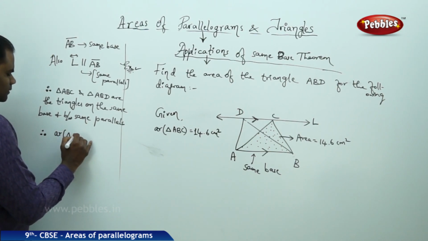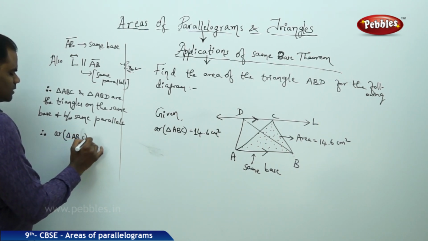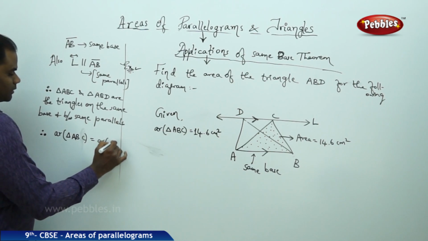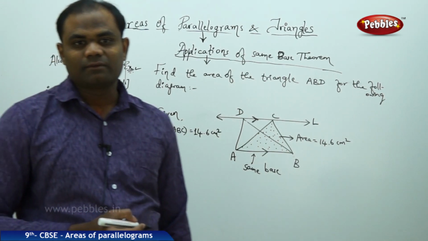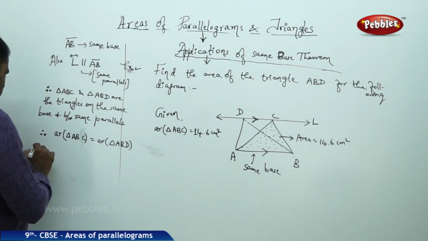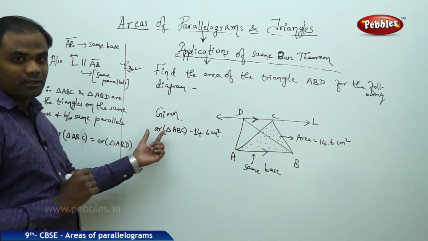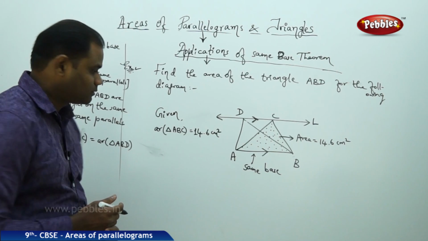Area of triangle ABC is equal to area of triangle ABD, are the two triangles which have equal areas. Therefore, I have this with area of triangle ABC, which is 14.6 centimeters square.